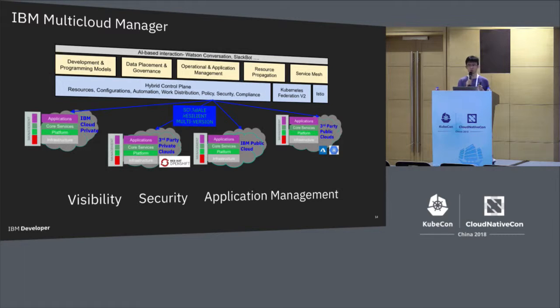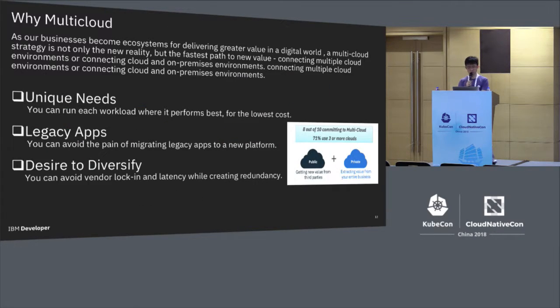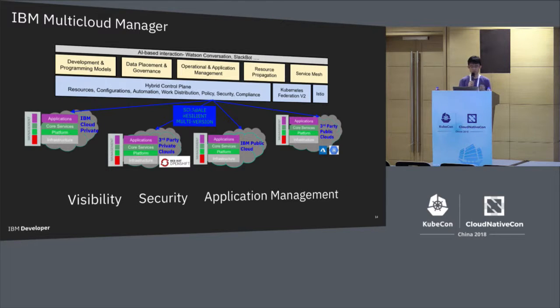Thirdly, it can also provide application management. As I mentioned, each user has their unique demand. Some may want to reduce their cost, and some may want higher performance. So for the applications, there are different strategies for management and for optimization of the applications.